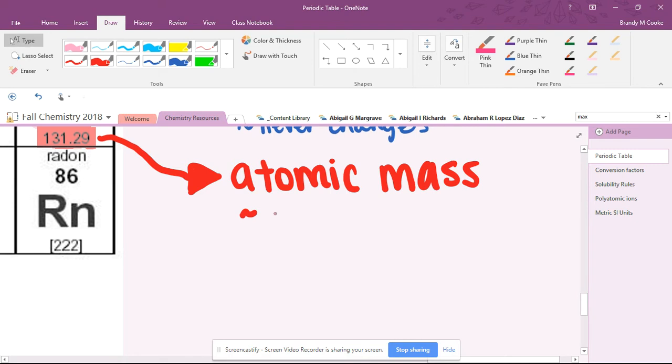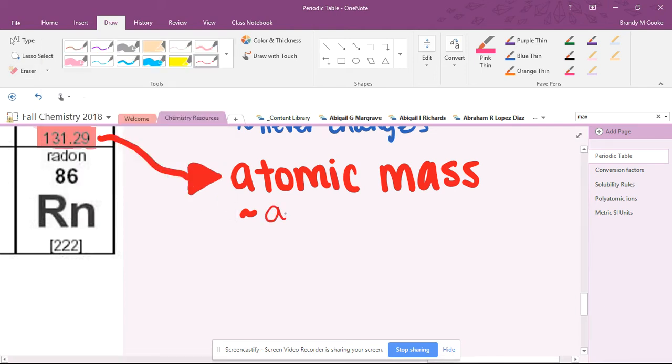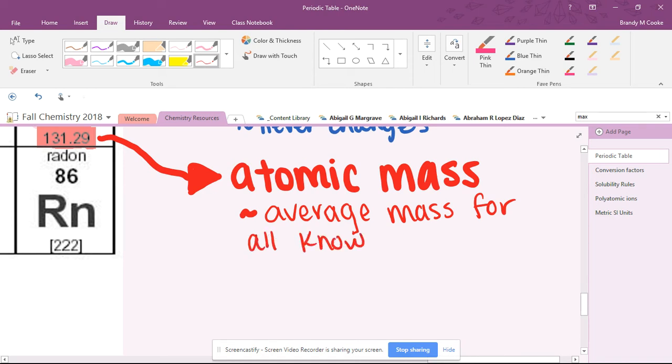So the atomic mass is the average mass for all known isotopes.